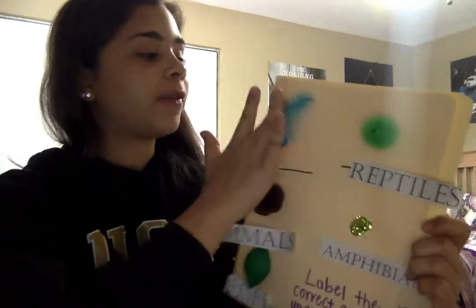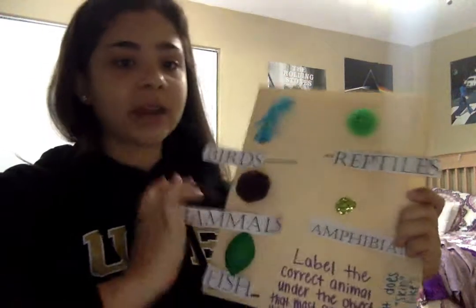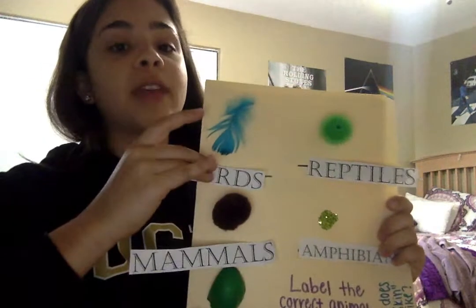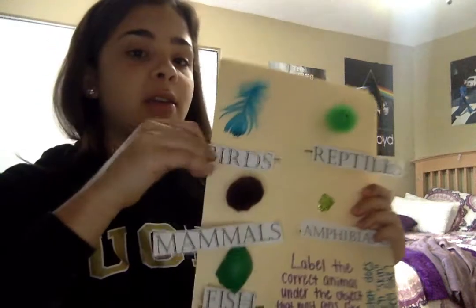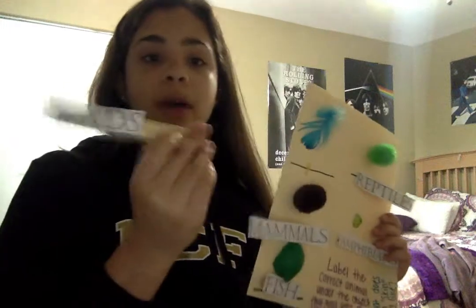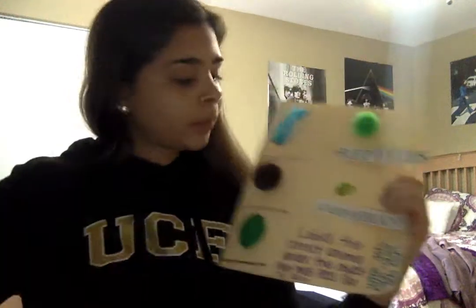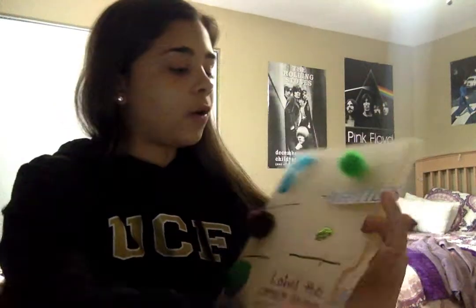I put 5 different objects showing what the animal skin feels like. I placed the animal names on these little popsicle sticks, and they can all come out. I just put them in here to show the answers, and I made little slits in the hole.